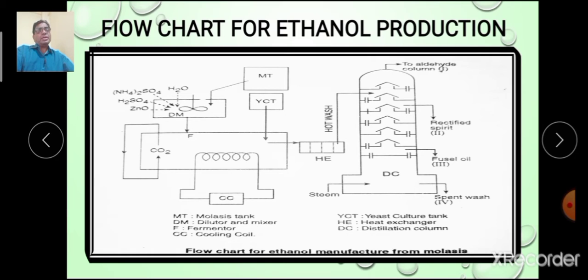Now after dilution of molasses, the yeast required for the conversion of these sugars into ethanol is grown in the yeast culture tank. This is the yeast culture tank, where the required yeast is grown.